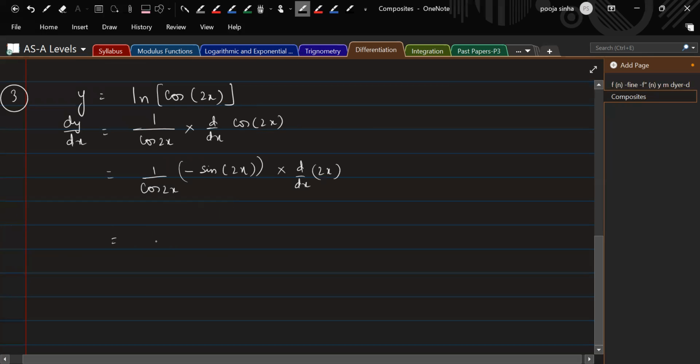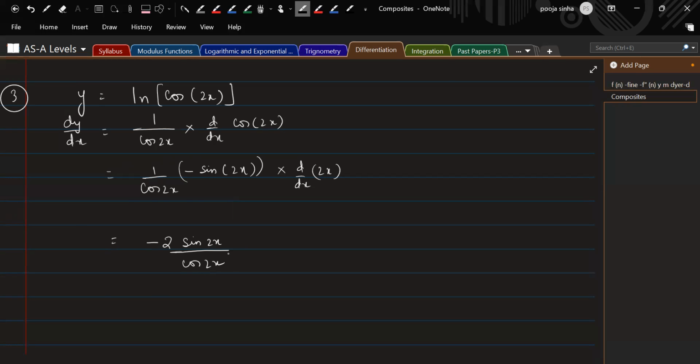So the final answer is minus 2 sin 2x upon cos 2x, which can be written as tan 2x. So it's minus 2 tan 2x.